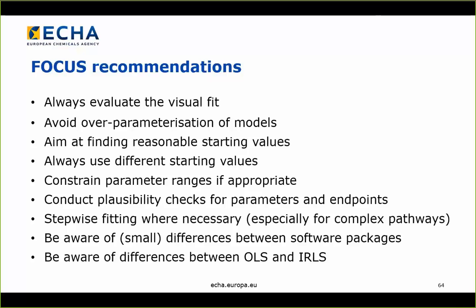You should always, and I think this is key, always evaluate the visual fit. The decline curve is created through your optimization procedures. If the calculated curve differs from the measured values, it could be that you need to optimize your parameters further. It could be that you need to fix a parameter, as the model's trying to run and has found an RSS with a different combination, but it's not sensible.